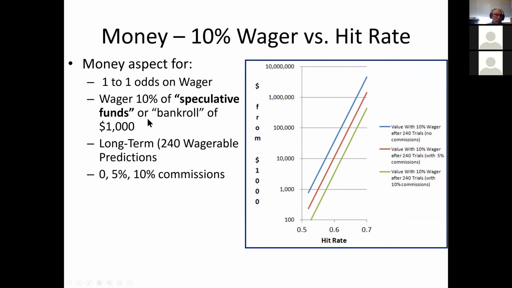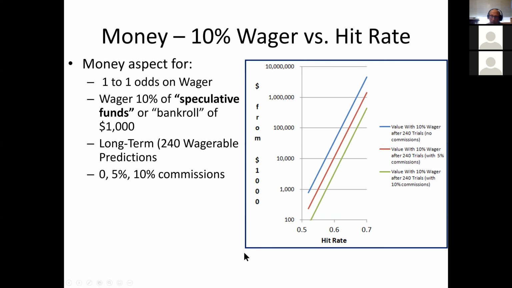So you wager 10% of a speculative fund or bankroll, starting with 1,000. And again, our interest is always in the long term. We use 240 wagers. That's probably the most you can do in a year. And then we did 0%, 5%, 10% commissions.